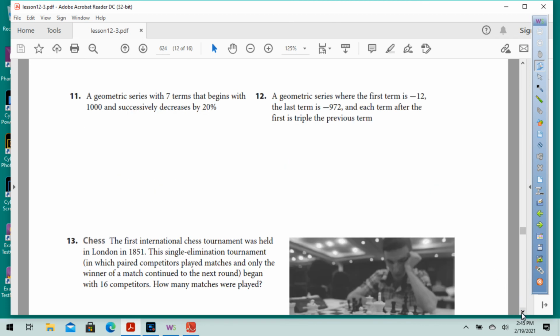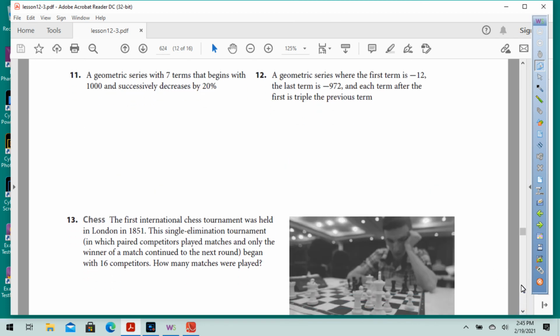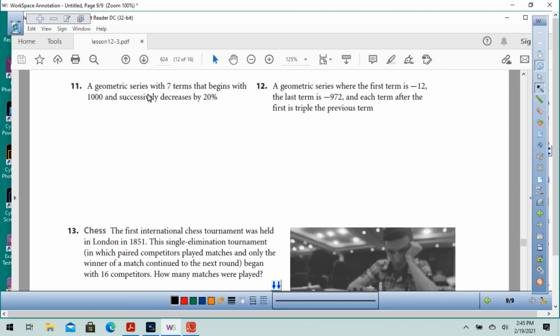Number 11. A geometric series with 7 terms that begins at 1,000 and decreases by 20%. So let's see here. It begins with 1,000, so a equals 1,000. And then r, that's going to be 1 minus 0.2, which is 0.8. And then n, it said n was 7.